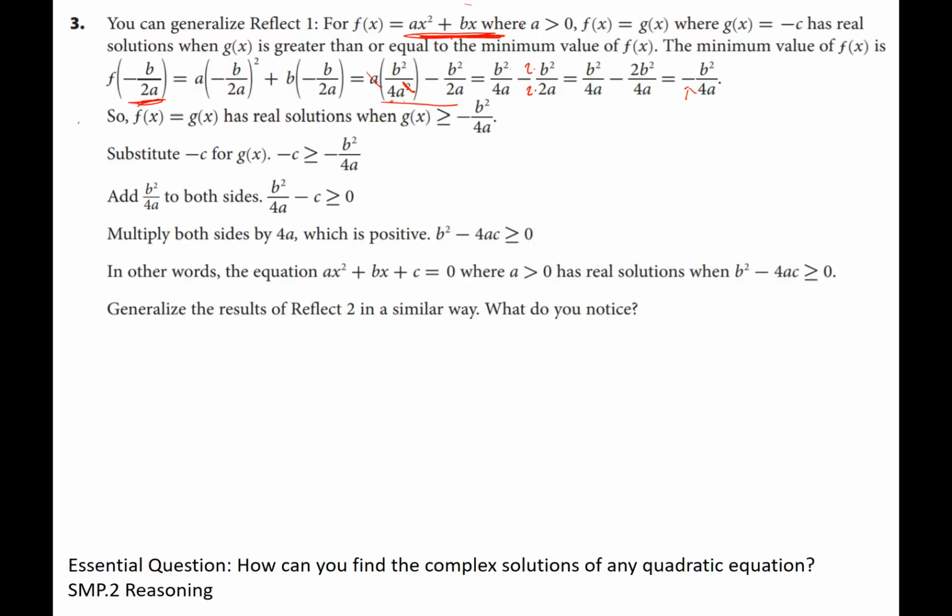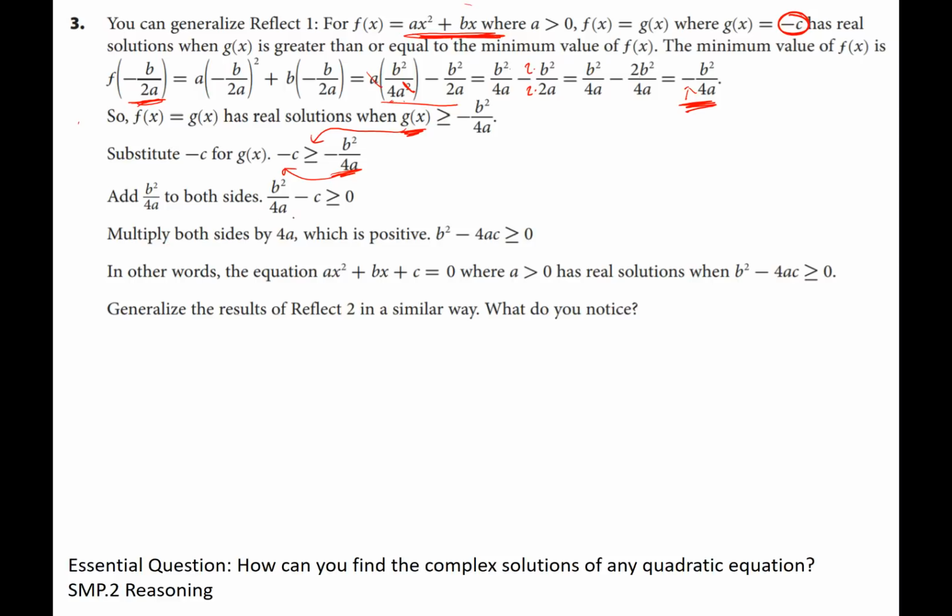And because this was a minimum, we know that the g of x function is greater than or equal to this value that we calculated. Then they substitute in -c for g of x into this function. Then they add this to both sides, so now we're saying that it's greater than or equal to 0.